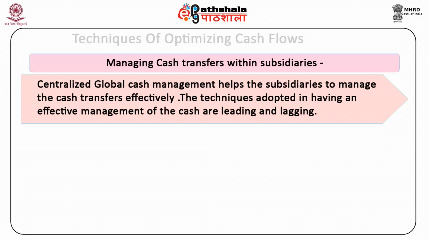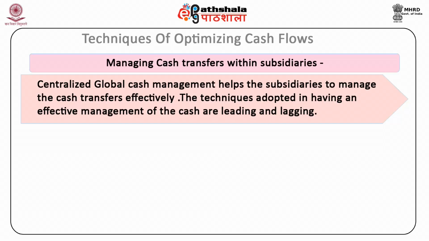The techniques adopted in having an effective management of the cash are leading and lagging. These can be explained with the help of an example. Subsidiary A has an excess cash, whereas subsidiary B has deficient cash.